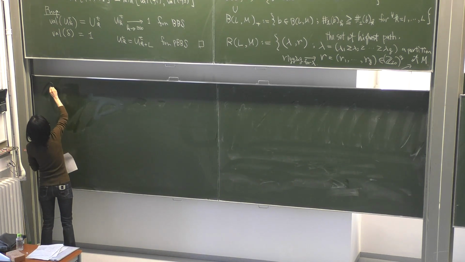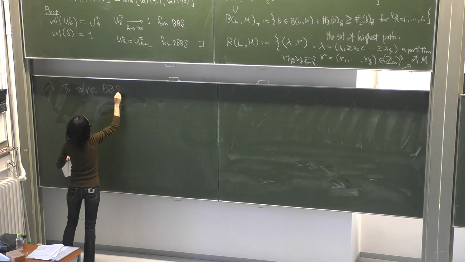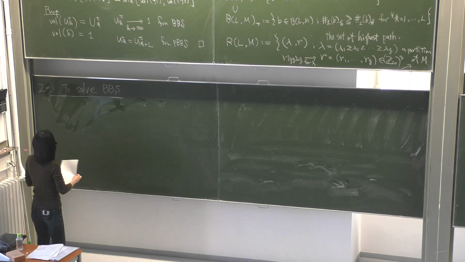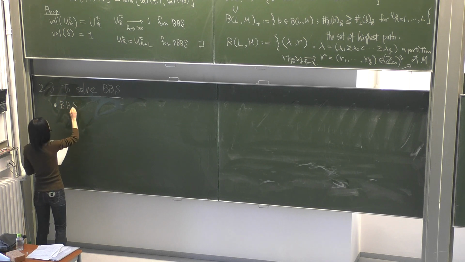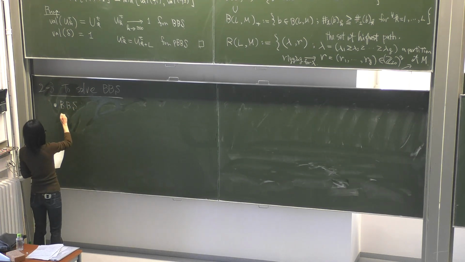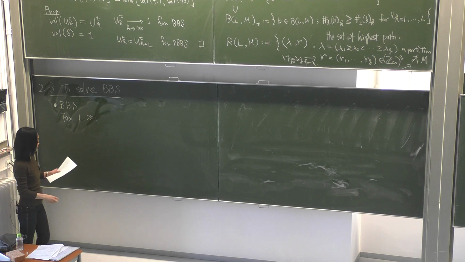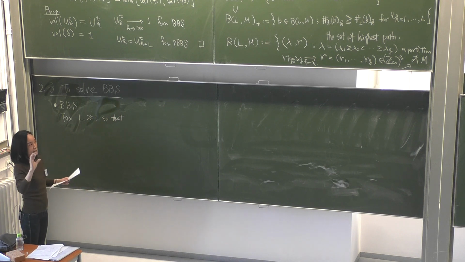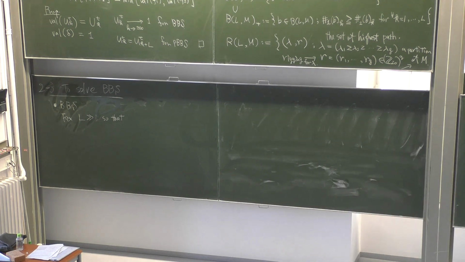So to solve BBS, we use this map. For the infinite BBS, we fix some big L bigger than 1, so that we can regard a given state of the box-ball system like this to satisfy the highest condition.